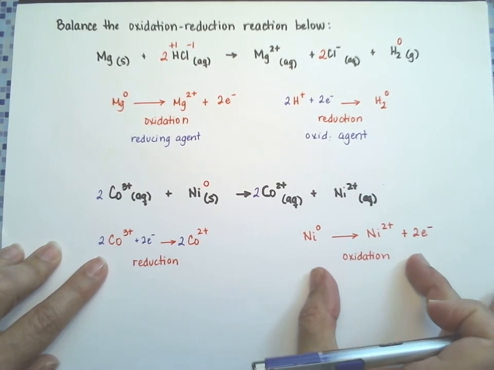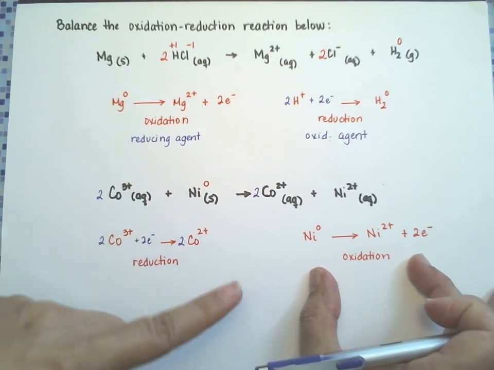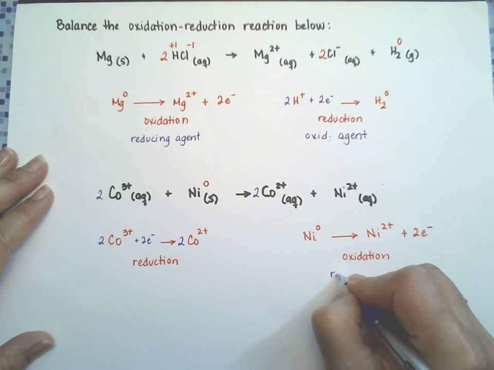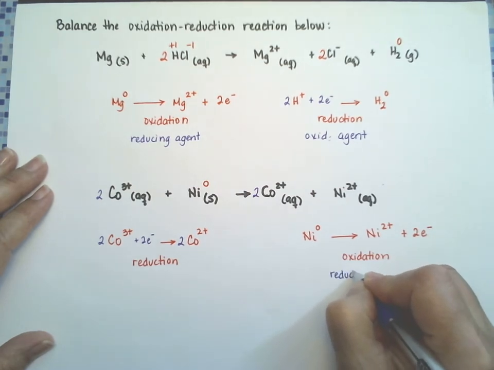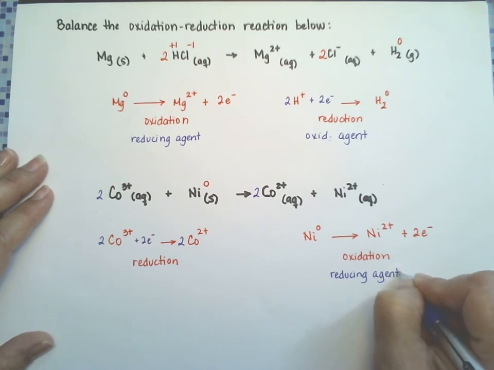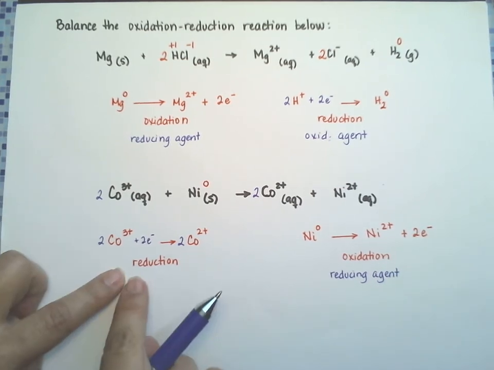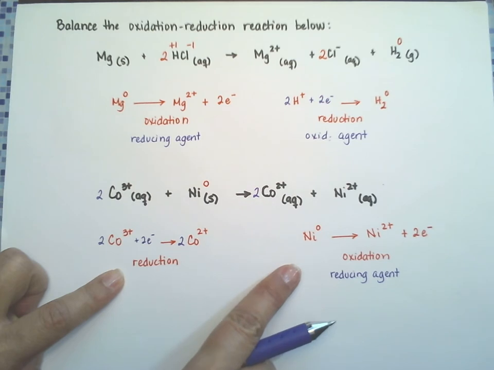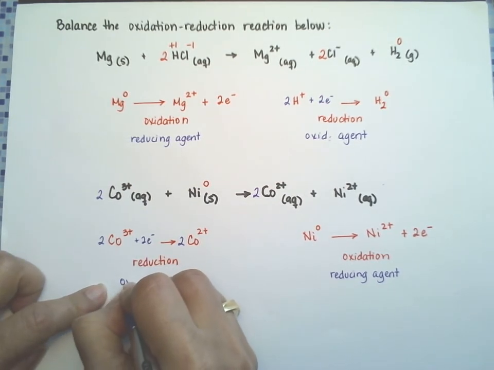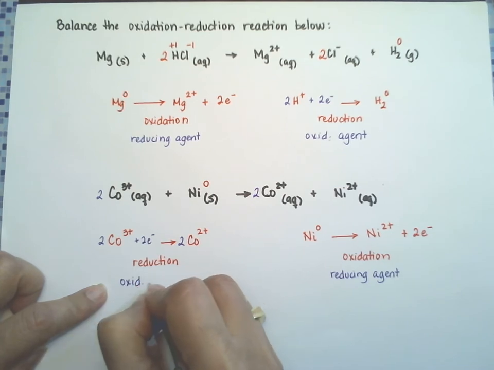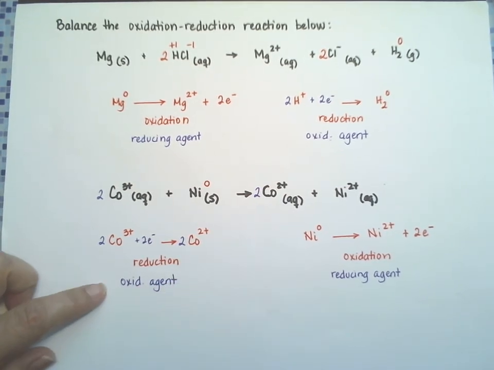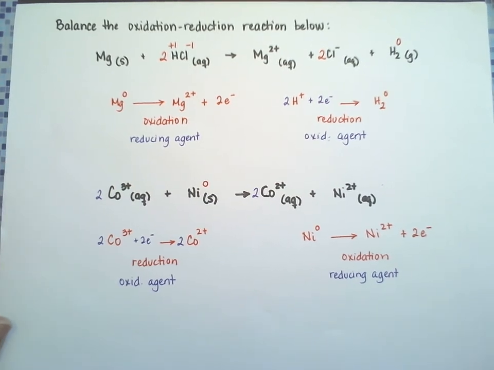So the nickel itself is getting oxidized, but it's causing the cobalt to be reduced. So this is the reducing agent. The cobalt is getting reduced, but it's responsible for the nickel getting oxidized. So the cobalt is the oxidizing agent. And that's how you work this type of problem.